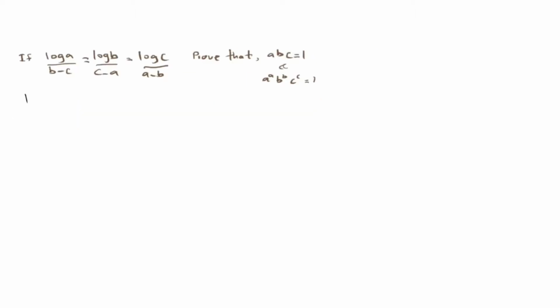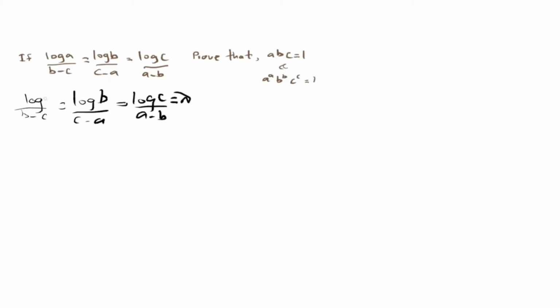So as you can see, problem number one: log a over b minus c equals log b over c minus a equals log c over a minus b. I'm going to equate all three of them to a constant lambda.